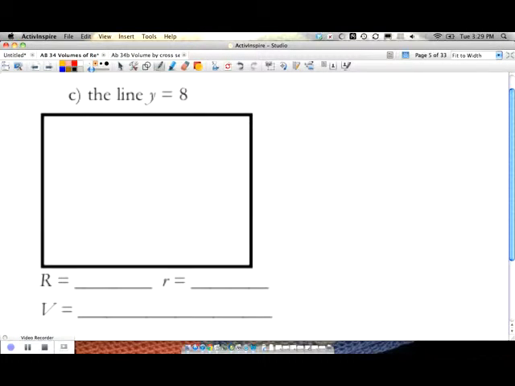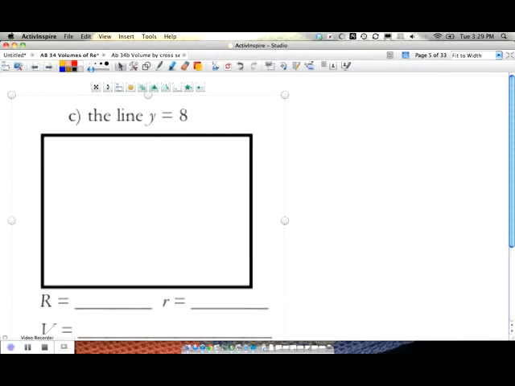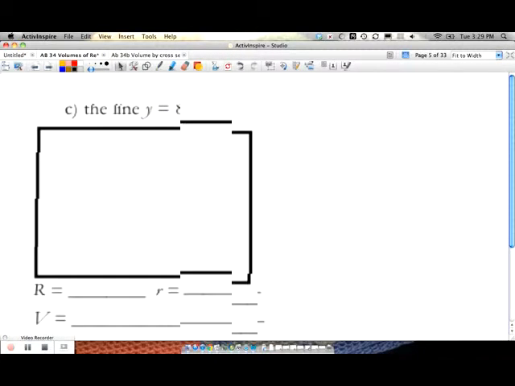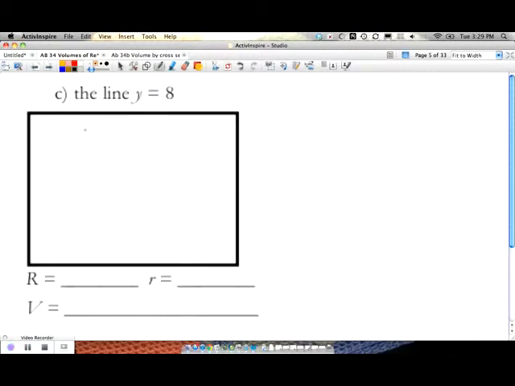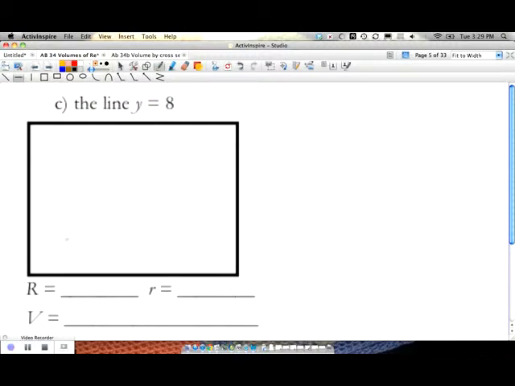Okay, this time we're rotating around the line y equals 8. Let's move this up, give ourselves a little bit better view. So let's get our setup with our axes so we can see what's going on. I still have that same y equals 2x kind of growth.